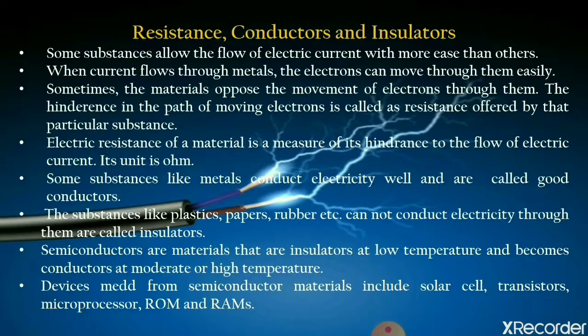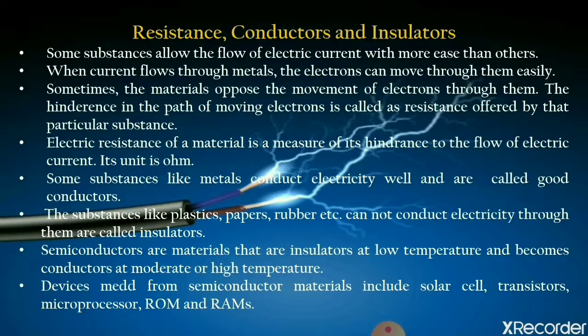Now we can say that some substances allow the flow of electric current with more ease than others. Suppose we are saying that silver is a very good conductor, we all know. Iron is also a good conductor, while paper, rubber, and plastic are bad conductors or insulators.